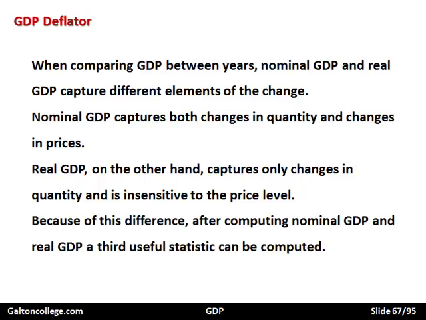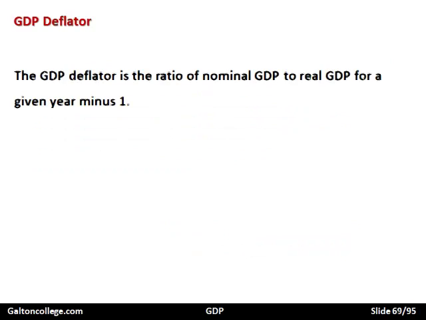Because of this difference, after computing nominal GDP and real GDP, a third useful statistic can be computed. The GDP deflator is the ratio of the nominal GDP to the real GDP for a given year, minus 1.